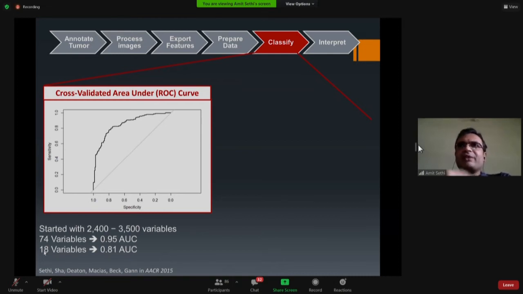Once we have that, we will use those features to model cancer recurrence versus non-recurrence. We ideally want both a low false positive rate and a low false negative rate. If there is recurrence, it should call it recurrence. If there is non-recurrence, it should call it non-recurrence.